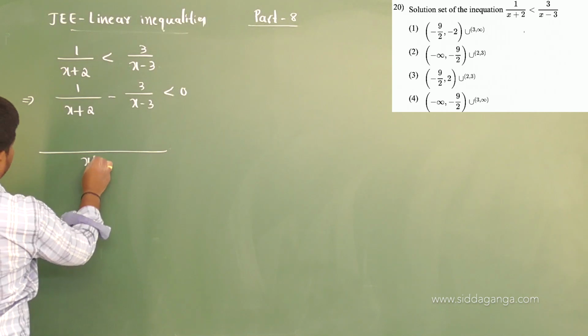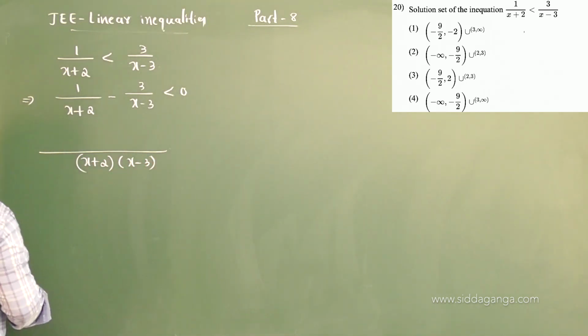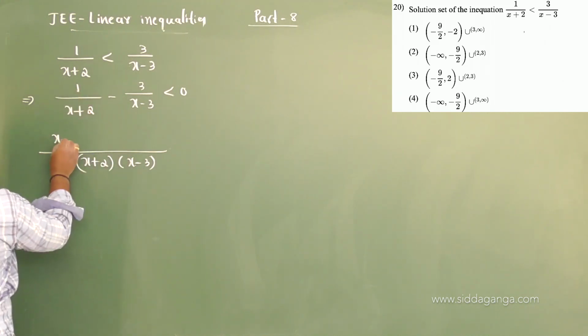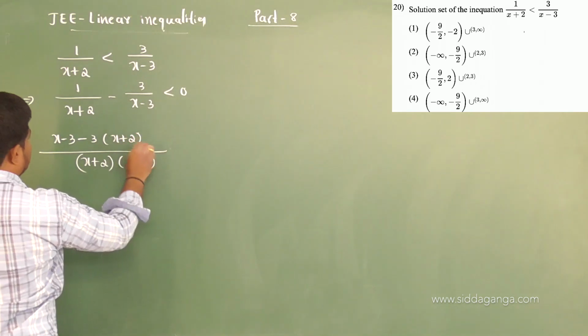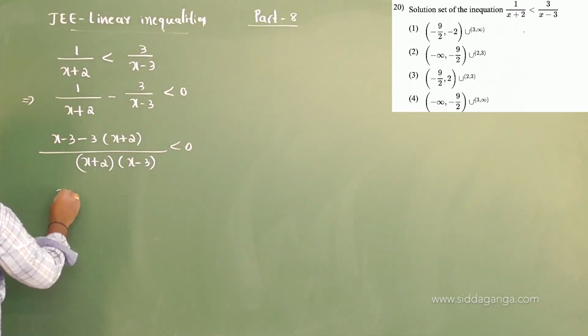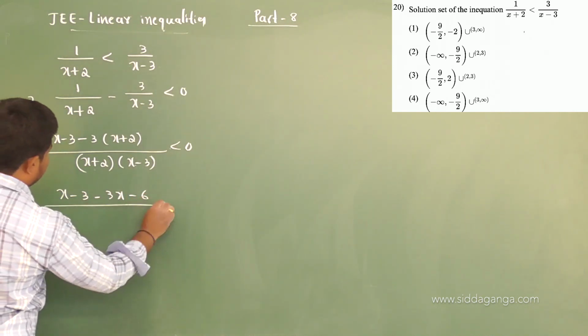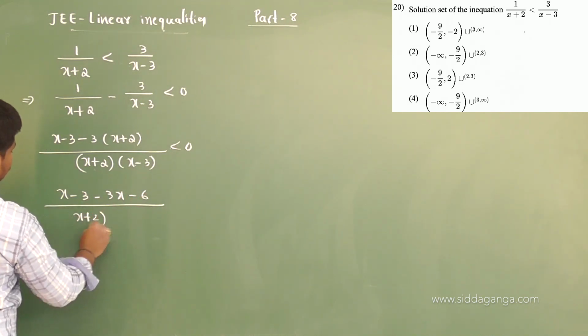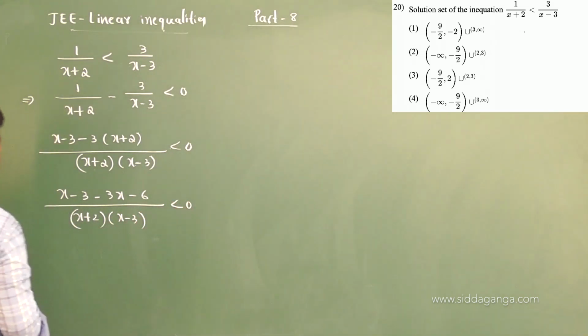So, on simplification, you get 1 into x minus 3 minus 3 into x plus 2 less than 0. x minus 3 minus 3x minus 6 divided by x plus 2 into x minus 3 less than 0.